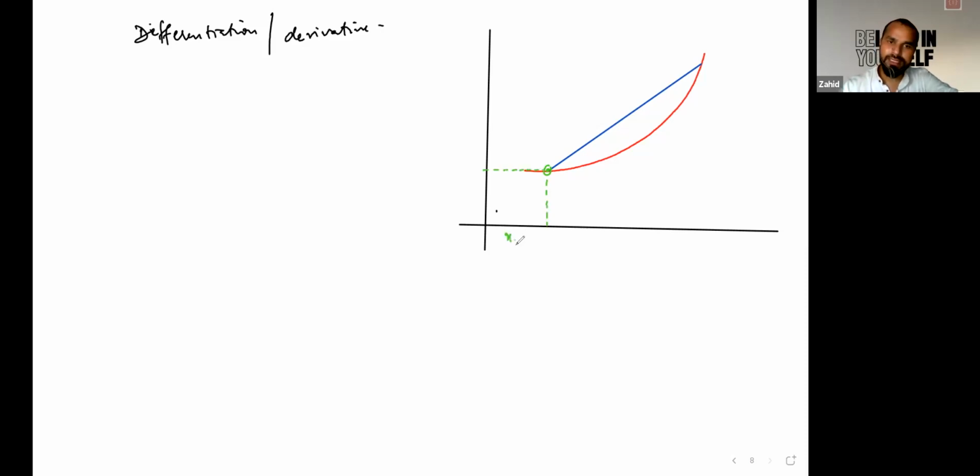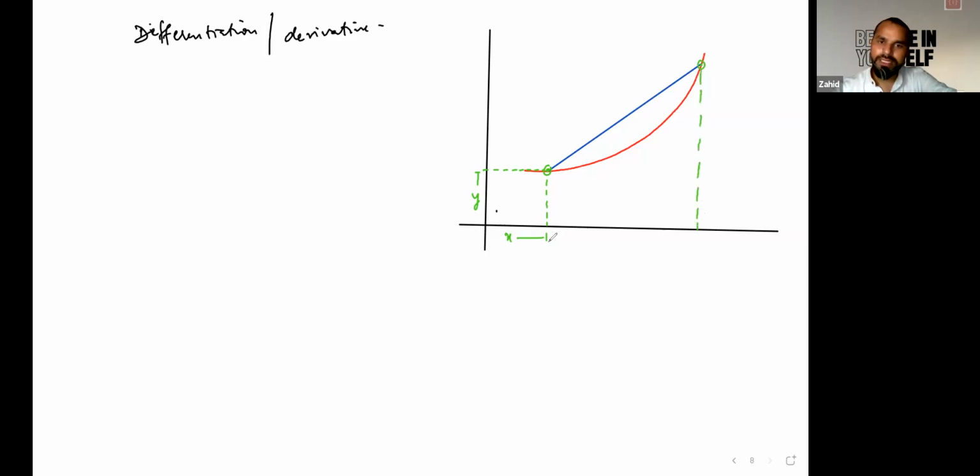Let's say this is x and this is y. For the second point, we draw a vertical line.